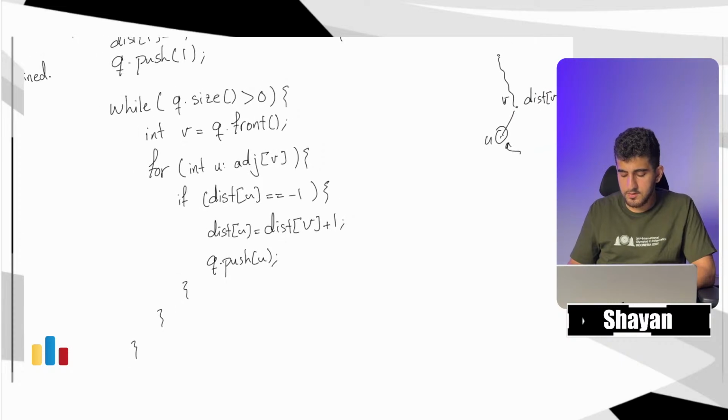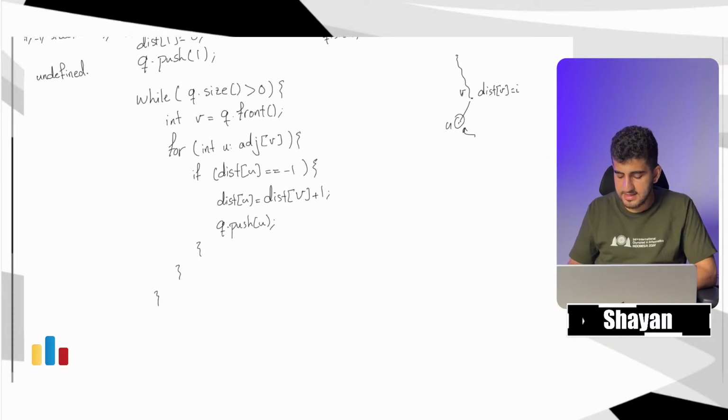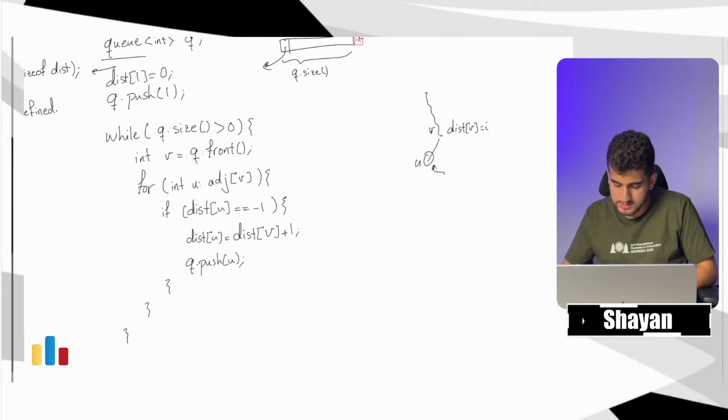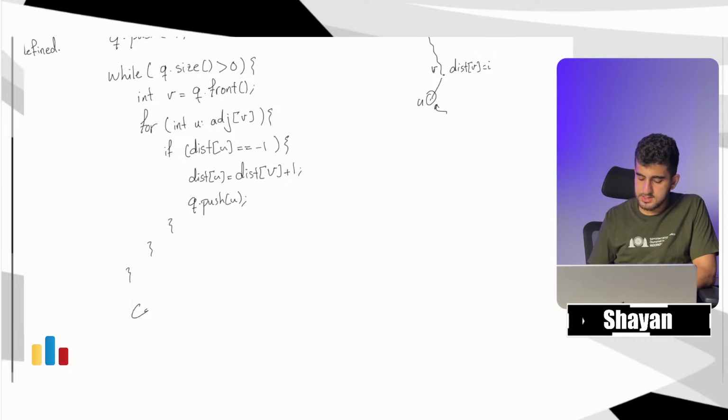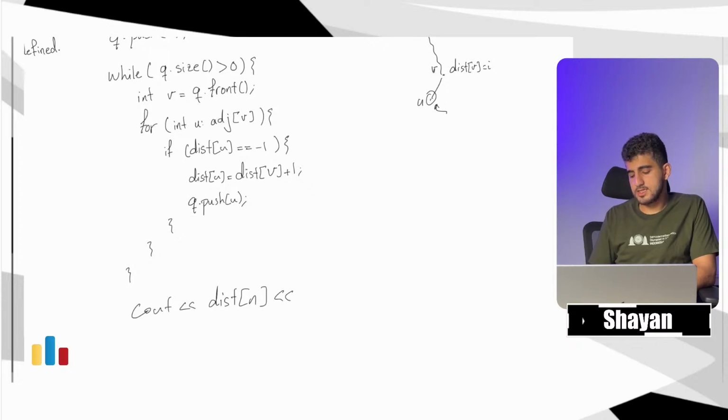So this is how we find the distances. When we have done all this, at the end we just need to look at the distance of n, if you are looking for the distance to vertex n.